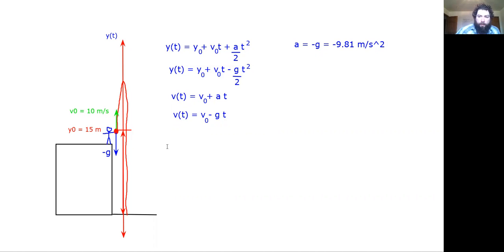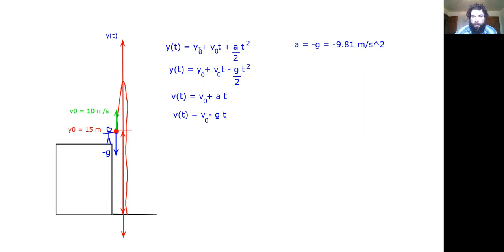Okay, so here you can see initially at time 0, we have an initial position of 15 meters and an initial velocity of 10 meters per second. And because we know that, we can say what the position and the velocity are at any time t.